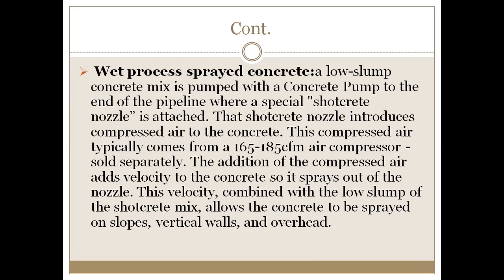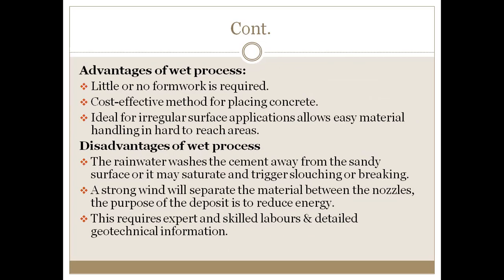The compressed air adds velocity to the concrete, so it sprays out of the nozzle. This velocity combined with the low slump of the mix allows the concrete to be sprayed on slopes, vertical walls, and overheads. The advantages of the wet process are that little or no formwork is required.